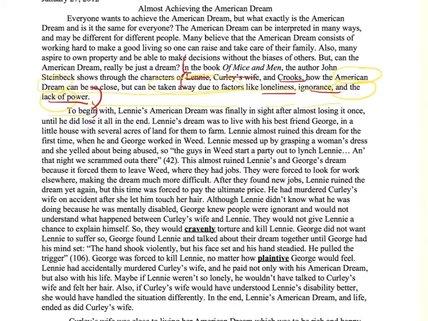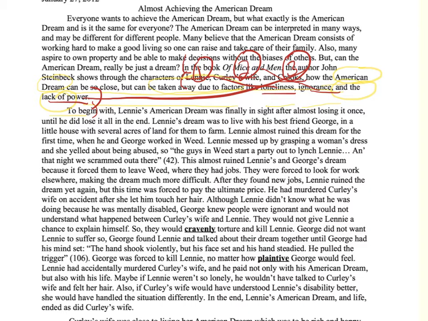So I would expect the first body paragraph to be about Lenny. That's one. Second body paragraph to be about Curly's wife. That's two. Third body paragraph to be about Crooks. That's three. And if Jake is doing this correctly, Lenny's lonely, Curly's wife is ignorant, and Crooks has a lack of power. So we'll see if that works.